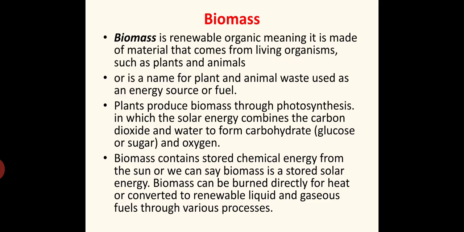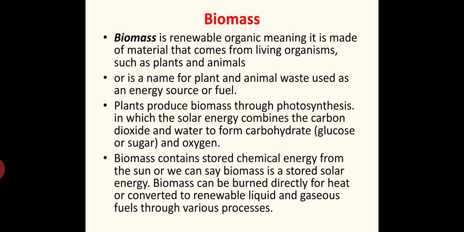Plants produce biomass through photosynthesis, in which the solar energy combines carbon dioxide and water to form carbohydrates. That carbohydrate is the stored chemical energy that I have just told. Carbohydrates can be glucose or sugar, even sucrose. So different forms are there, mainly containing carbon, hydrogen and oxygen in different proportions.